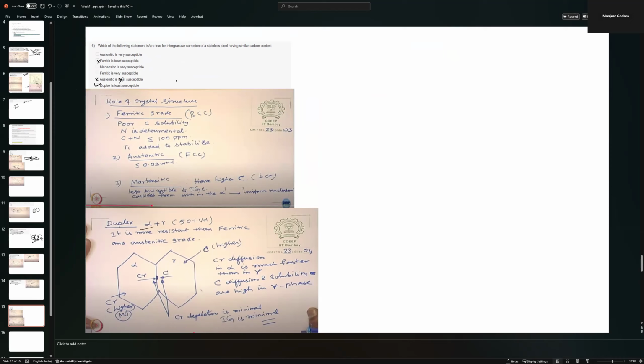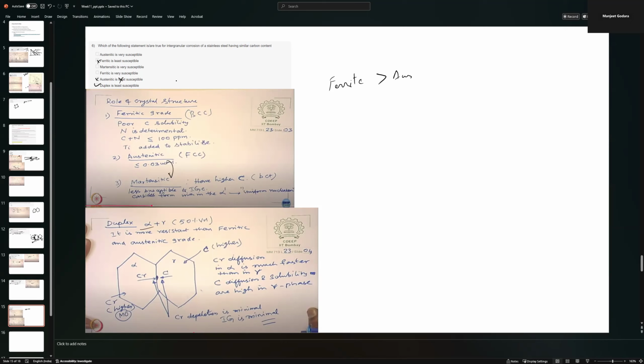So among these, ferrite is the most susceptible, again due to chromium diffusion. These two are almost similar, austenite and martensite. So for susceptibility, ferrite is the highest.